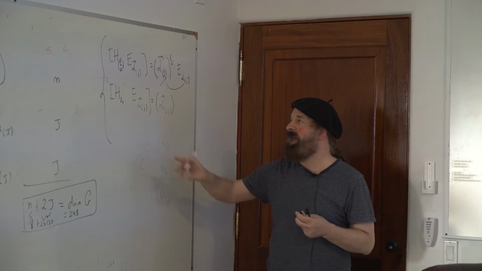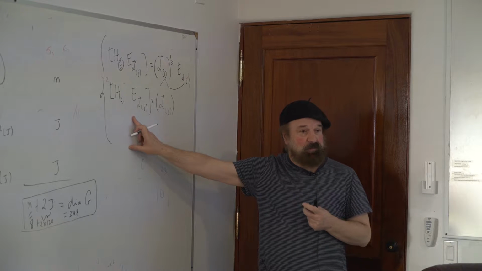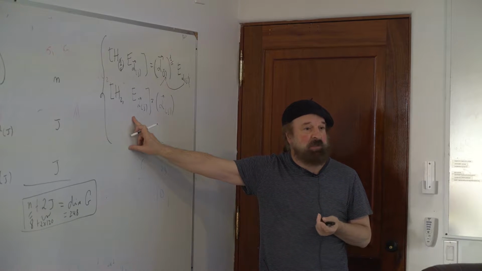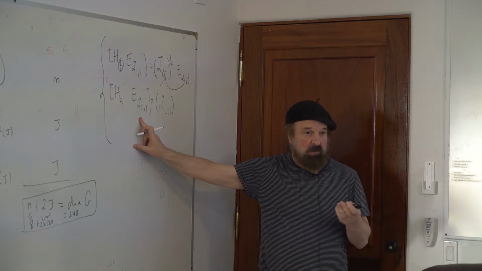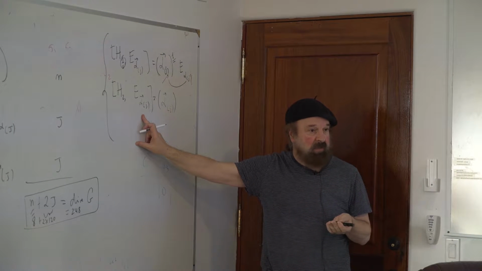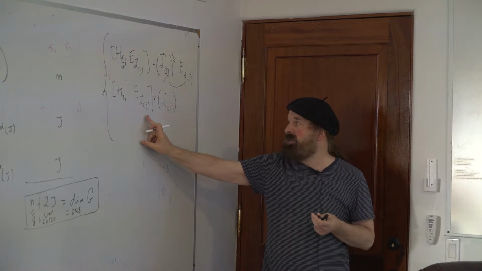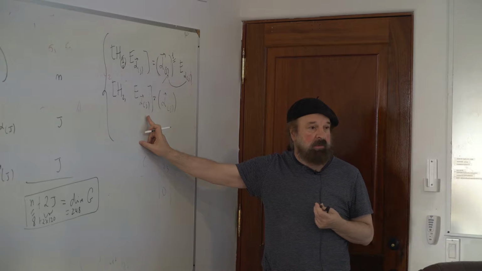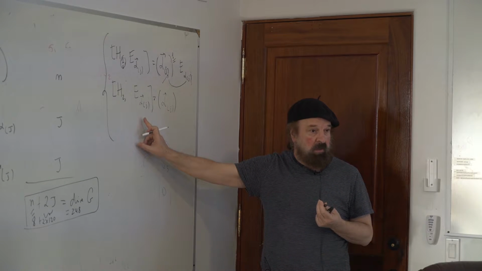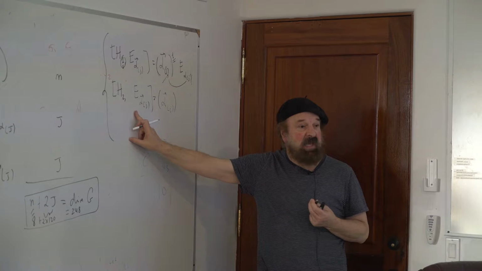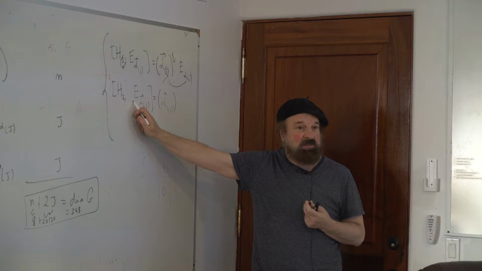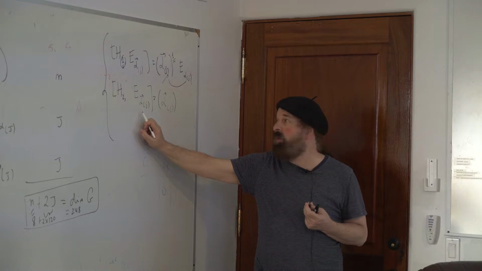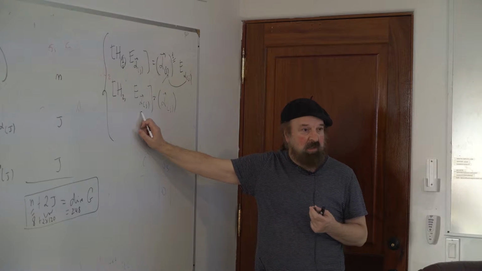So I have a generator. How do I label that generator? By an index, and that index is a vector. It's a collection of numbers, right? So this is the j root, and this is the generator associated with my j root. So E is my generator associated with the j root.